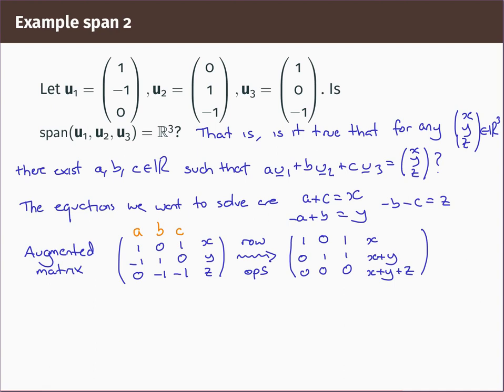Okay, well, what I've got here is not quite in row-reduced echelon form, is it? It's taken us to this point, but to be in row-reduced echelon form, the leading entry on the last row must be 1.